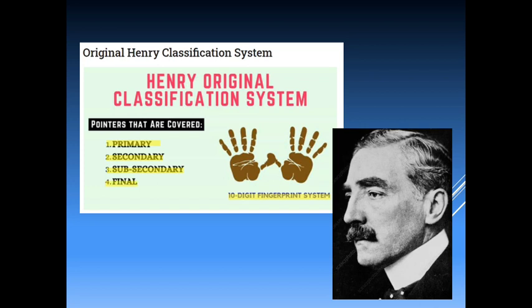division or final classification. However, later when 1 million prints got registered, this classification system by Henry became complex and inefficient to manage because of the number of registered prints.